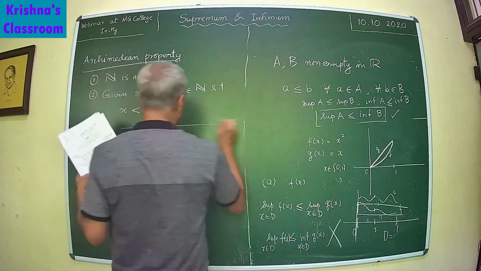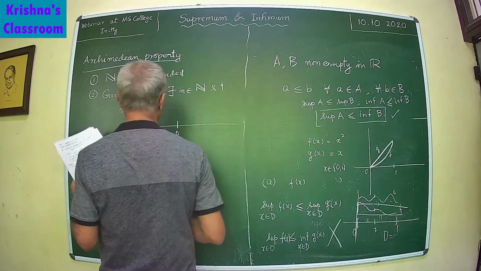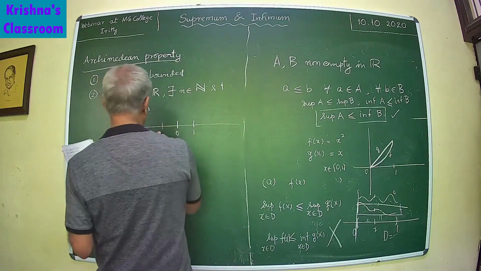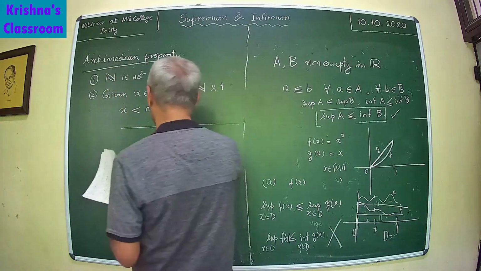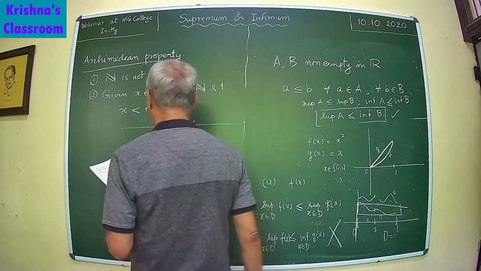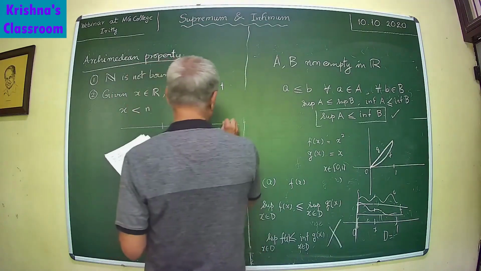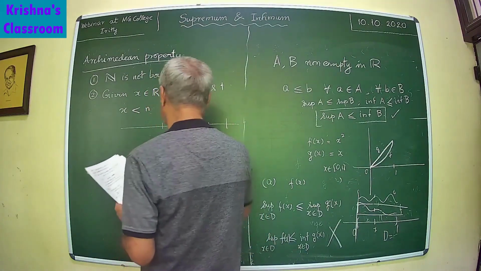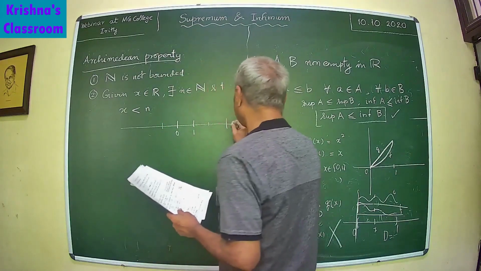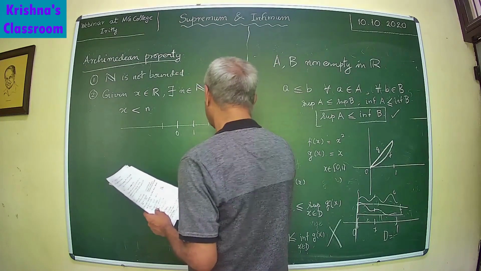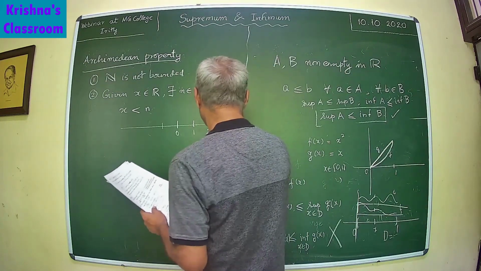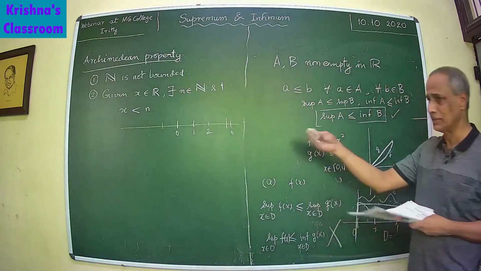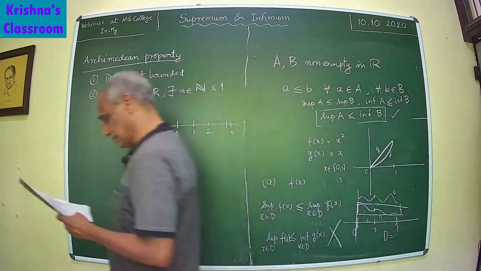What is the content of this one? See, this is 0, so this is 1. Now what it says is that, of course, obviously when x is negative, this is obvious. 1 has this property. But suppose x is positive, so it's somewhere here. So what it says is that by walking n steps, each step of unit length, you can just overtake this point. Okay? 2, etc. It's a very simple, obvious thing on the real line that we talk about.